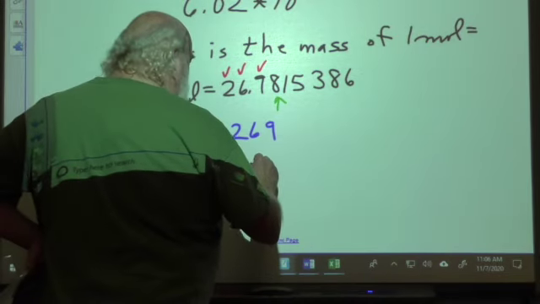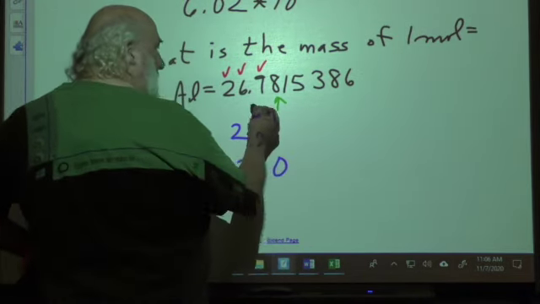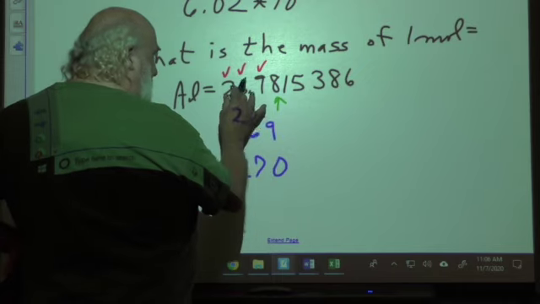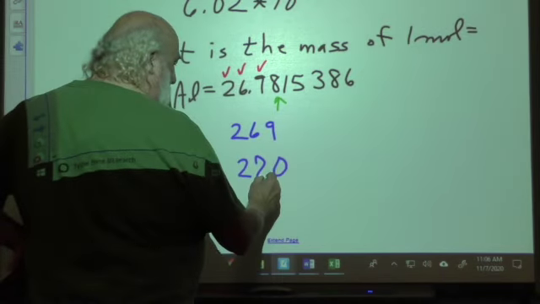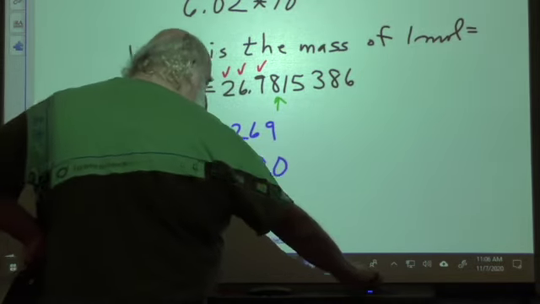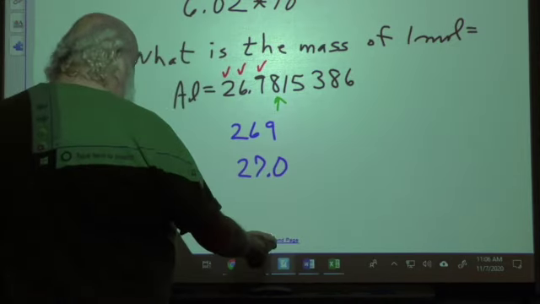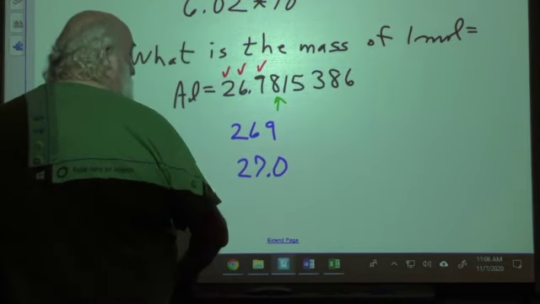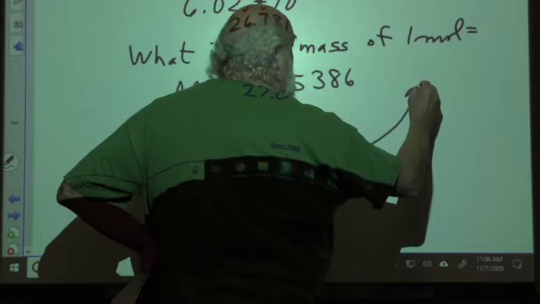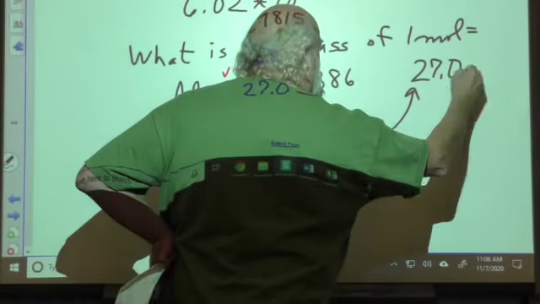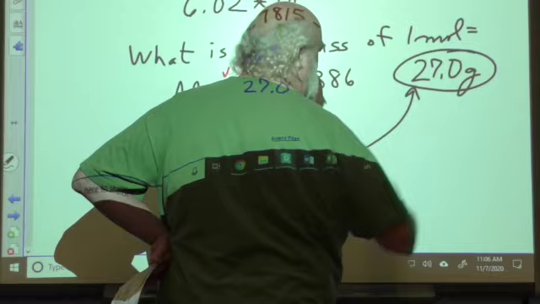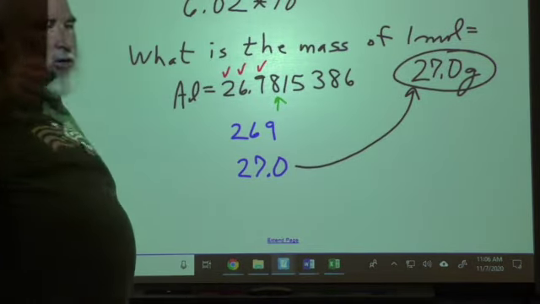So this becomes 270. But now we put the decimal point back in, after what was the 6, which is now the 7. And that's our answer. So this answer is going to be 27.0 grams.